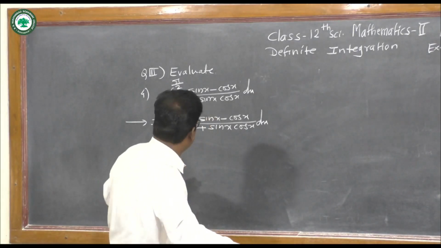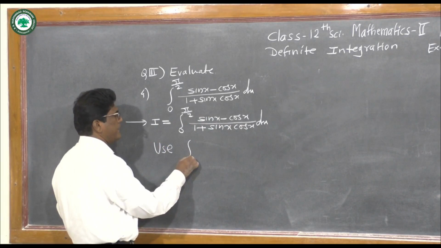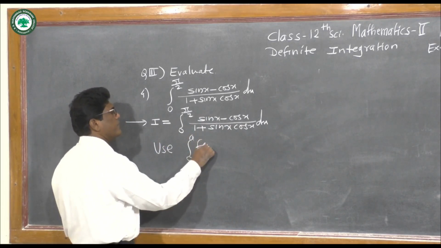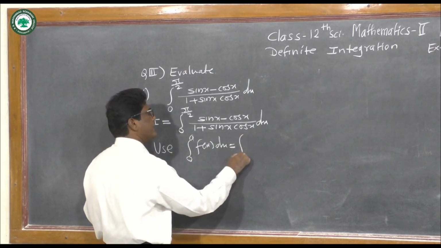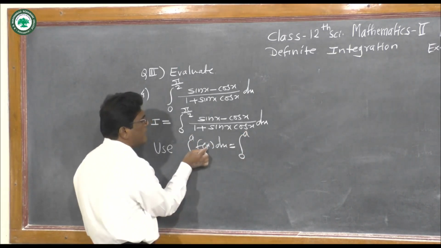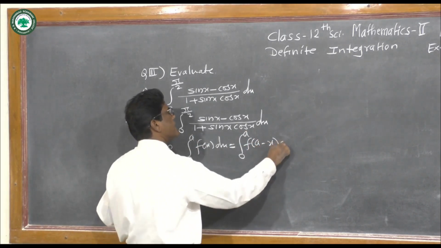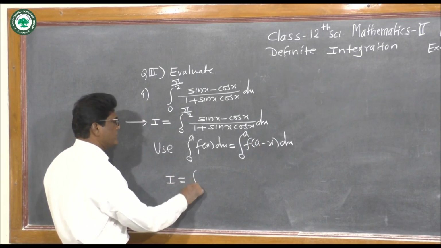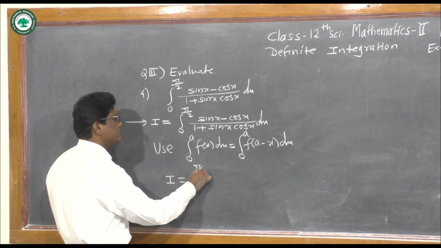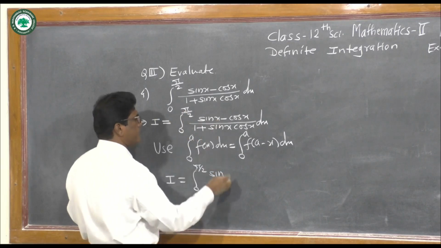So again here we use the same property, sixth property use here, integration 0 to a f of x dx is equal to integration 0 to a and replace x by a minus x, that is f of a minus x dx. And therefore I is equal to integration 0 to pi by 2 sin of x is replaced by pi by 2 minus x.